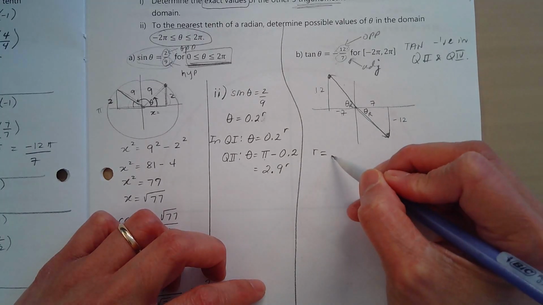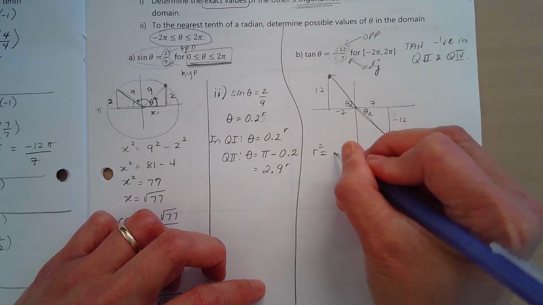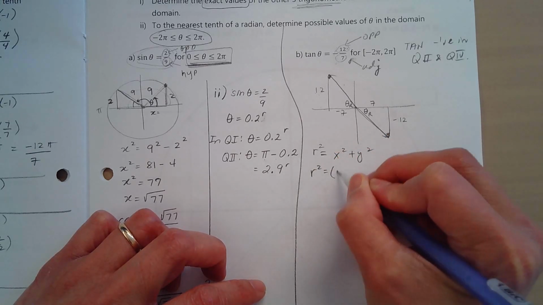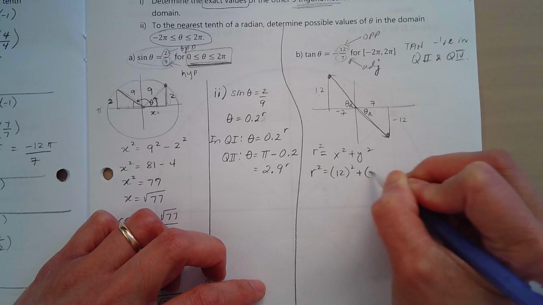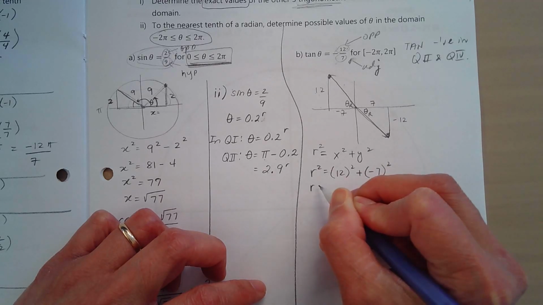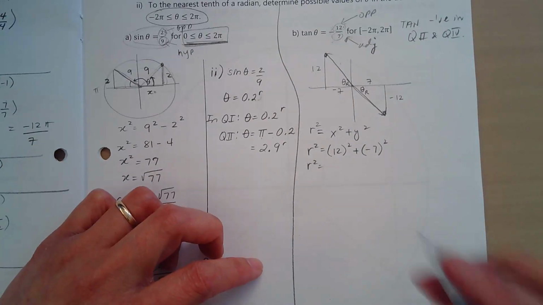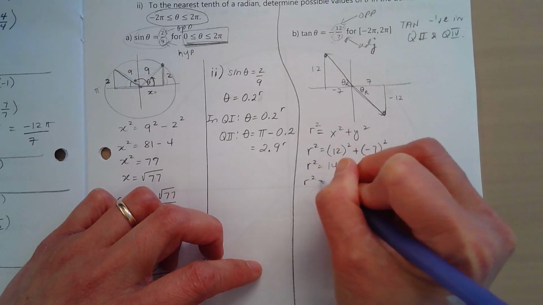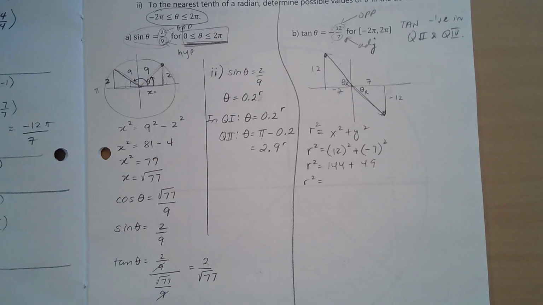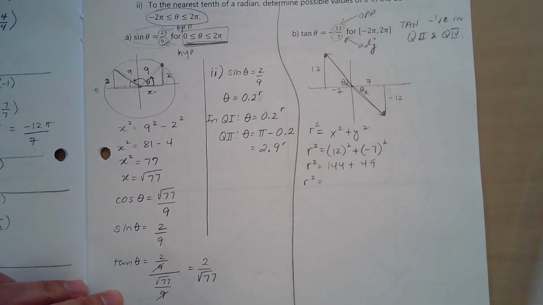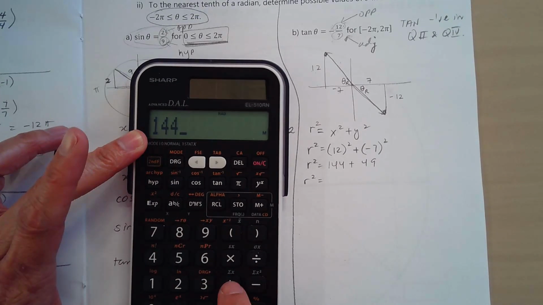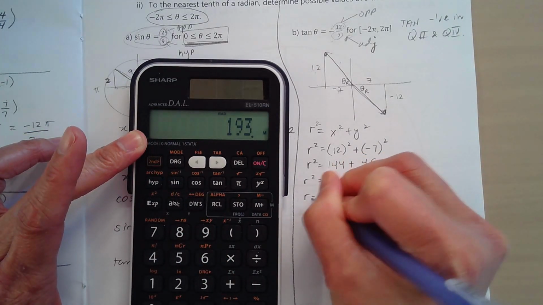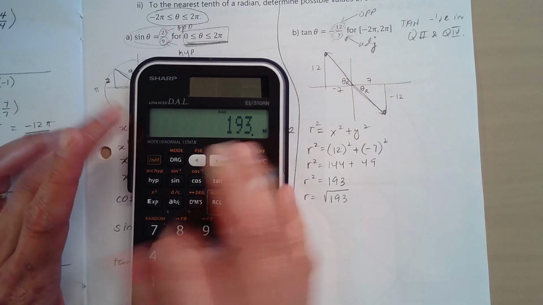So we have to go r squared is equal to x squared plus y squared. It's going to be 12 squared plus negative 7 squared. I guess it doesn't matter which one you put it. It's going to be 144 plus 49, 193. So r would be square root of 193.